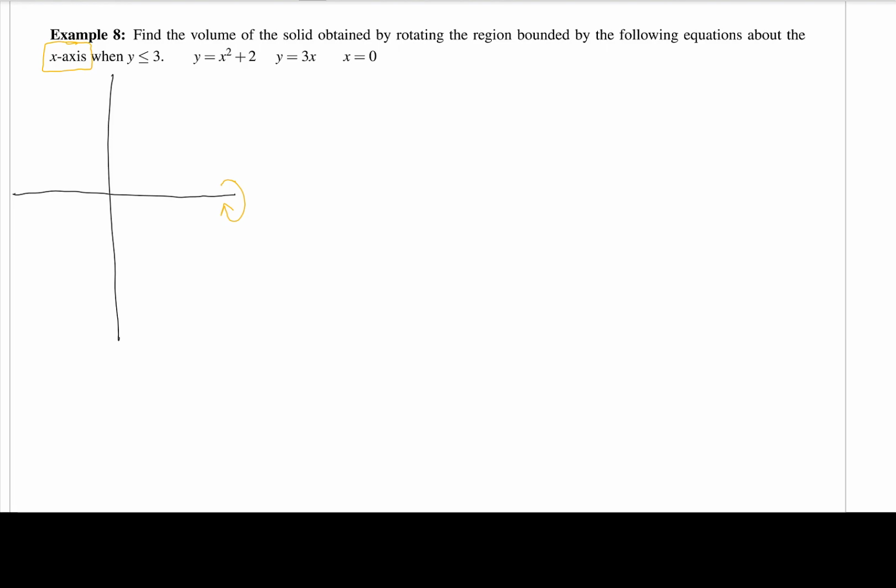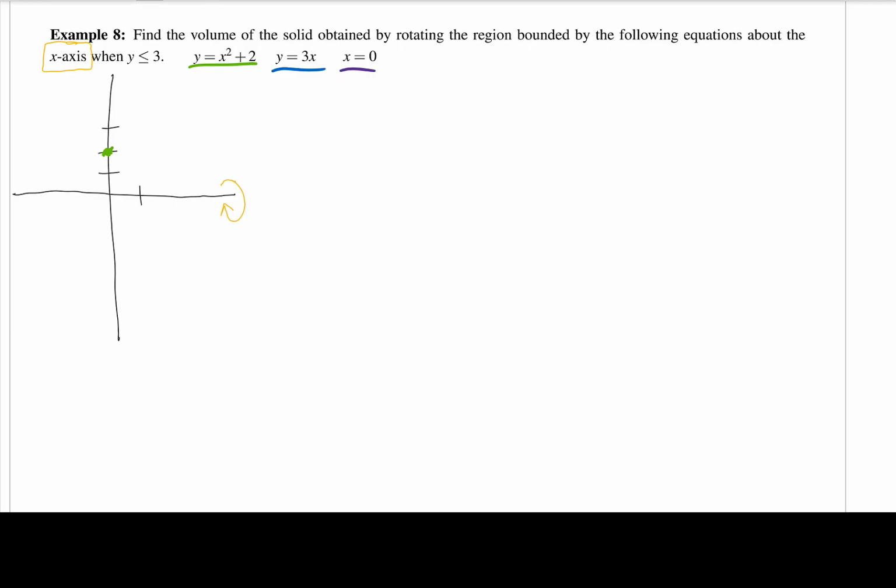And we have y equals x squared plus 2. So that looks something like, let's see, we should start off with a y-intercept of 2. I guess I should mark these first.